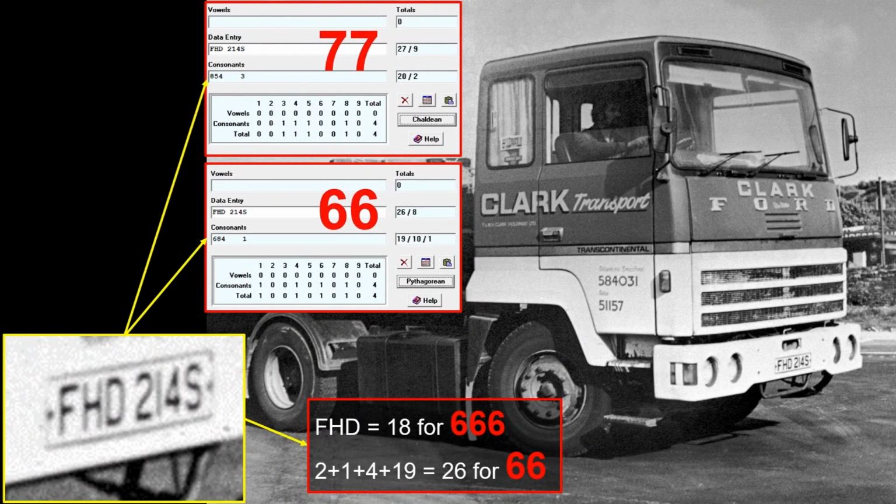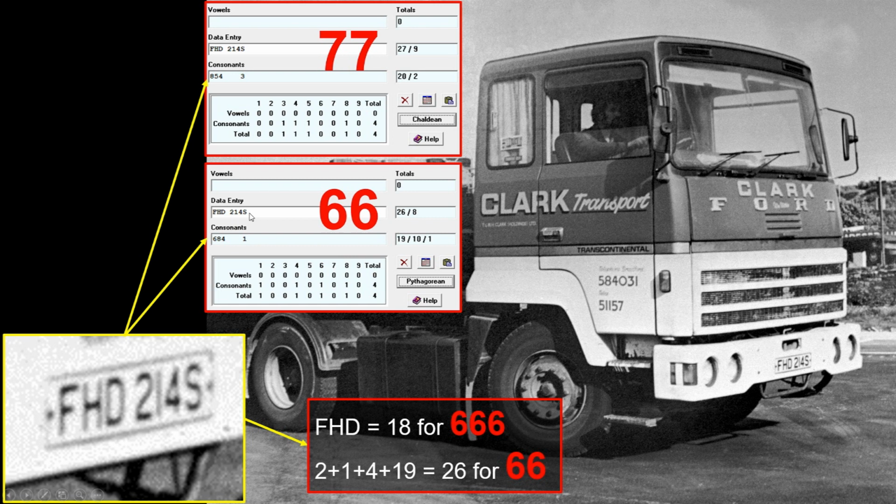Now, this is Peter in his lorry, and this is a famous photograph on the internet. And look at the registration, FHD 214S. FHD adds up to 18 in English, for 3 6s for 666. And if we add the 2 and the 4 and the S, which is 19, we get 26 again for another 66.